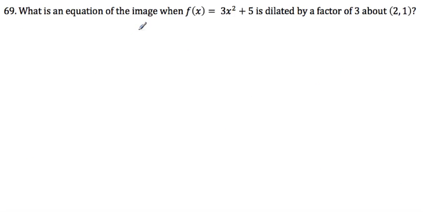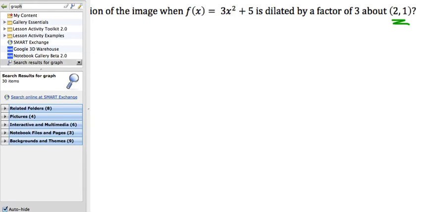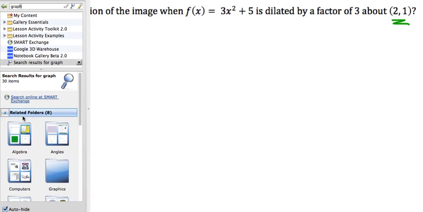How about the next one? We have another parabola, but we want to dilate this one by the factor of this, about this point 2 comma negative 1. So what we need to do is this. If I were to show you the graph and then see what happens, it might be a bit better for us to understand.